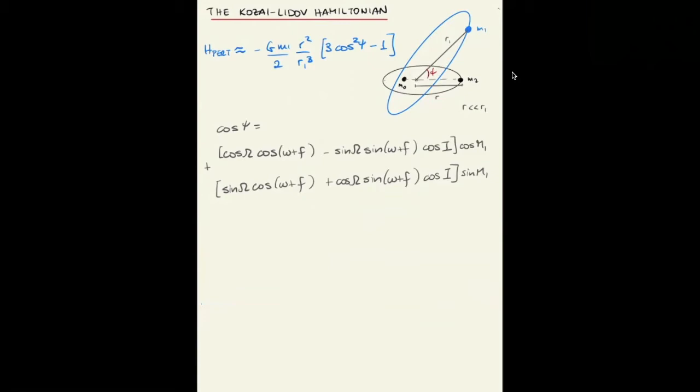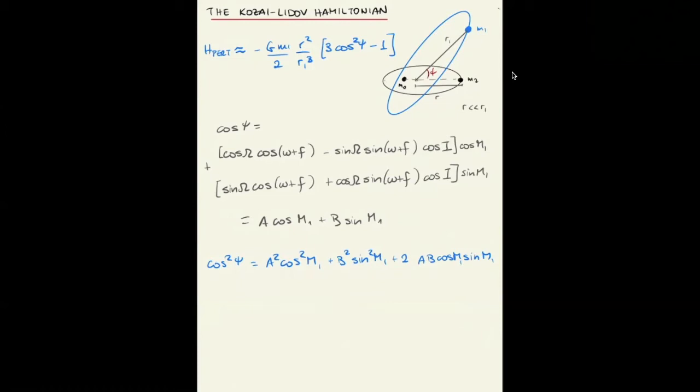We can write this expression then as A times cosine of M1 plus B sine of M1, where A is this first coefficient, B is the second coefficient. If we then calculate the cosine squared, as it appears in the Hamiltonian, what we have then is, and this is the first place where we do a secular approximation.